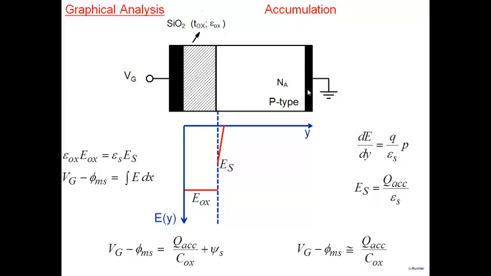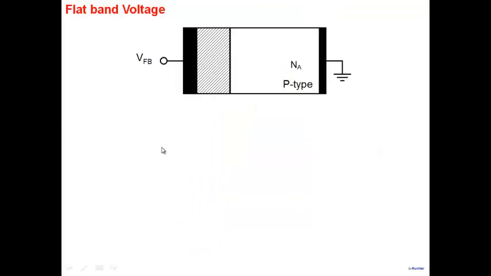We have accumulation, we've seen depletion, and we have seen the strong inversion also by plotting the electric fields. All right, let's go forward and look at, say, I want to compute flatband voltage. So suppose I have a system like this.